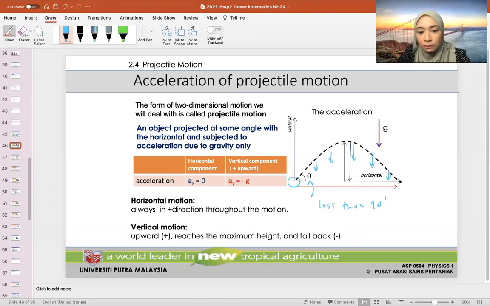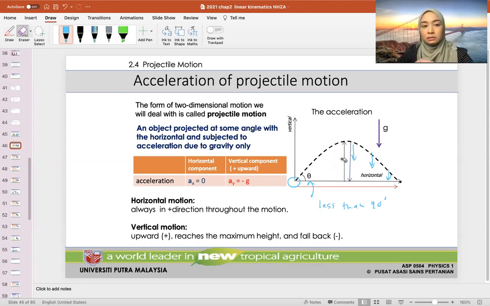Okay, so in a projectile motion, the acceleration's x component is always 0. The x component is always 0 and the y component is always negative g, which is your gravity. So you don't have an acceleration going to the right or going to the left. It's just going downwards, which is due to gravity. No right, no left.